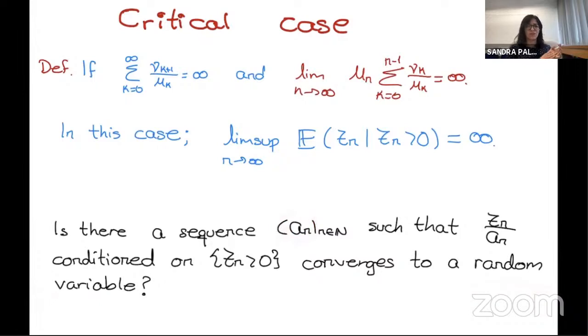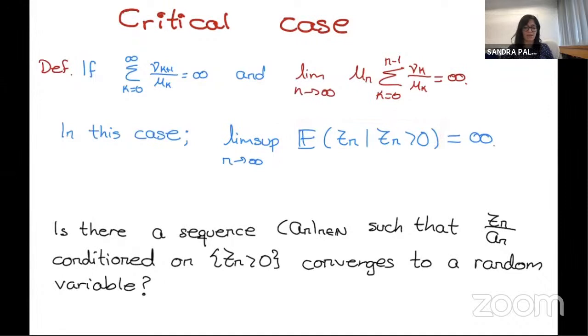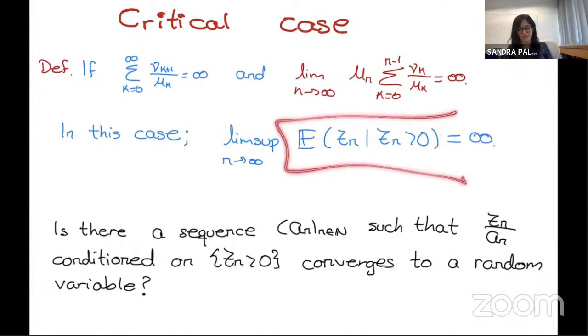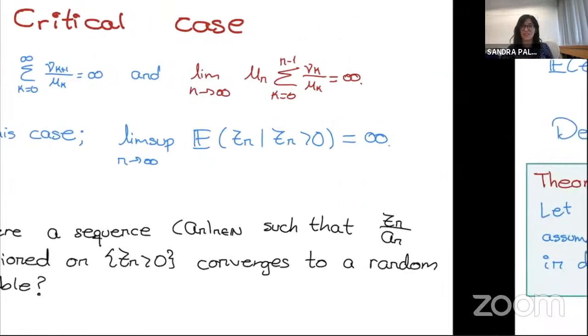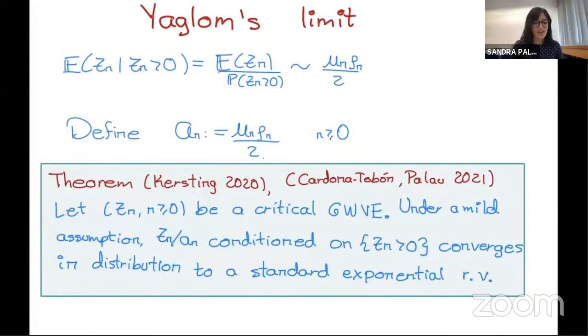In order to find the an, a key point is to find this conditional mean.